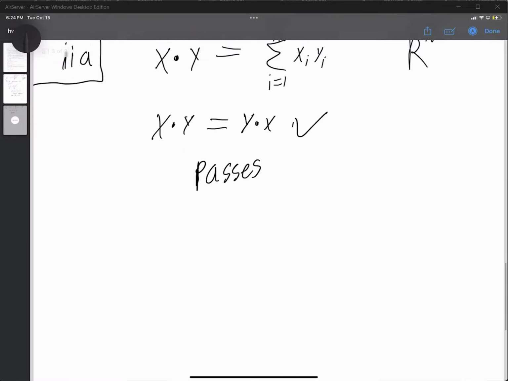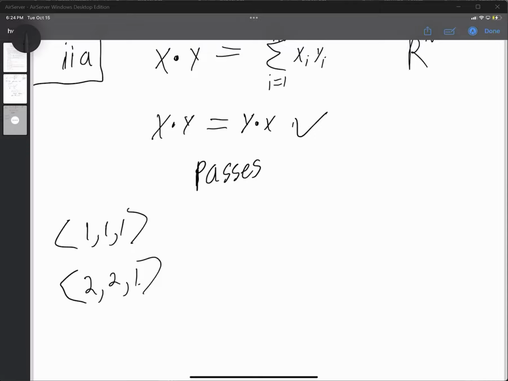Basically, let's say they were vectors. We'll do an easy one. Let's say x is 1, 1, 1, and y is, I don't know, 2, 2, 1, right?